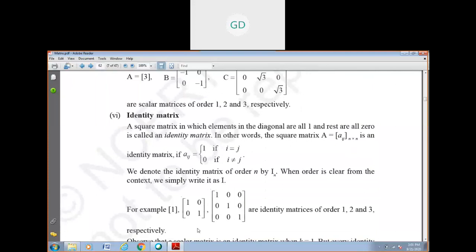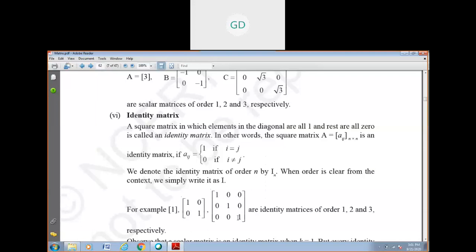Here in these examples, there are three: it is simply 1, this one of order 2, and this one of order 3. If we observe this 3 by 3 matrix of order 3, along the diagonal direction the elements are fixed, constant, and that is 1.